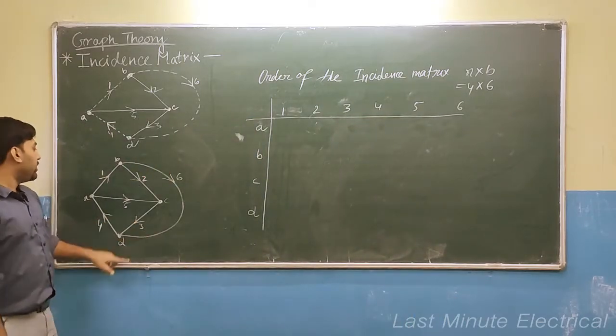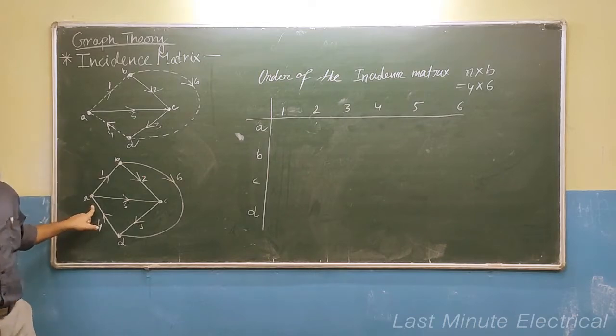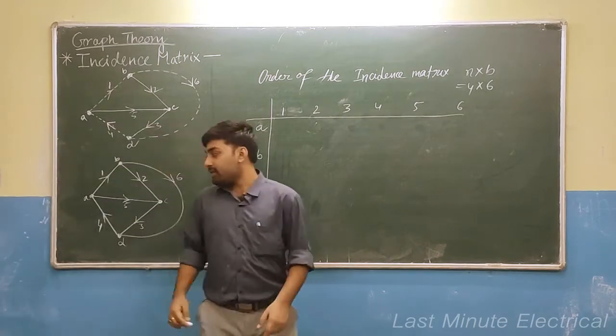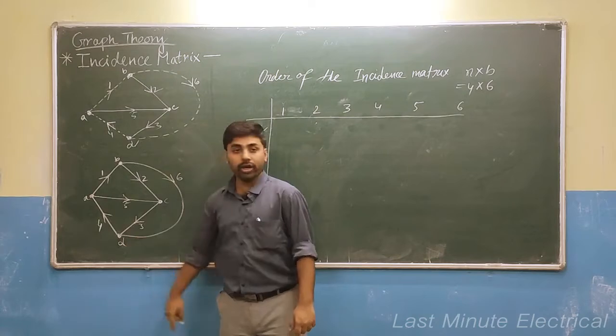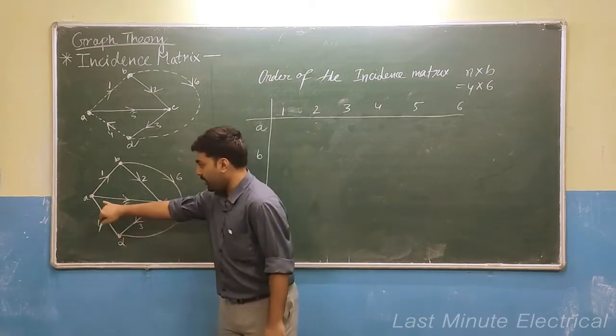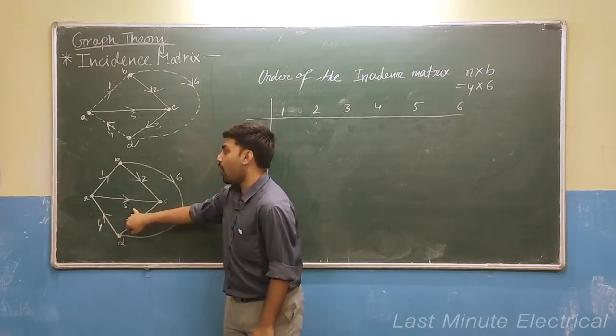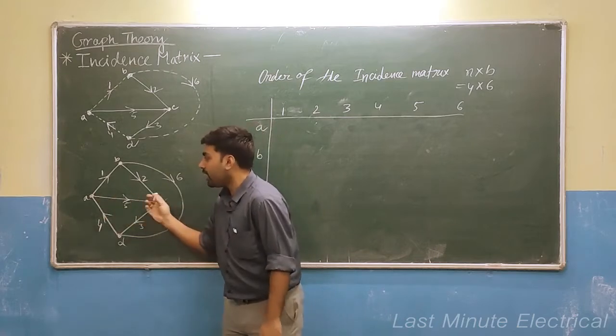If you consider node A, how many branches are going outward from this node?